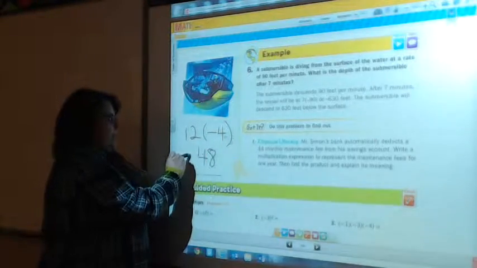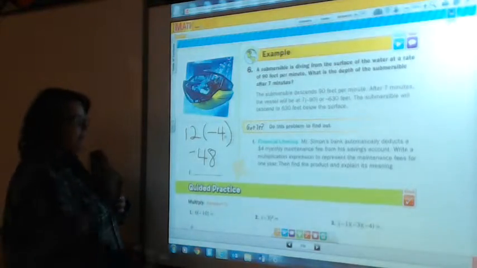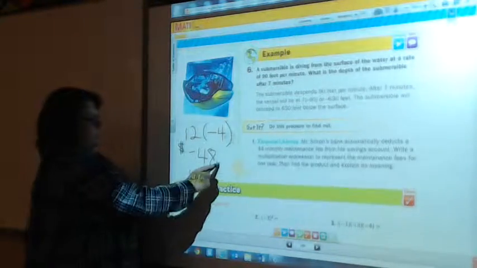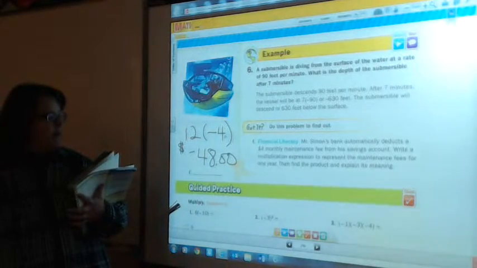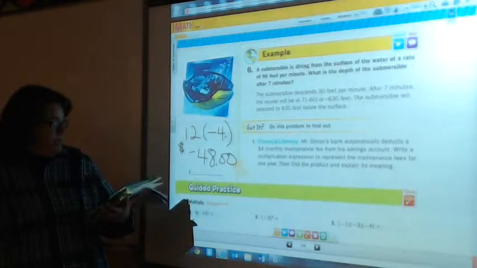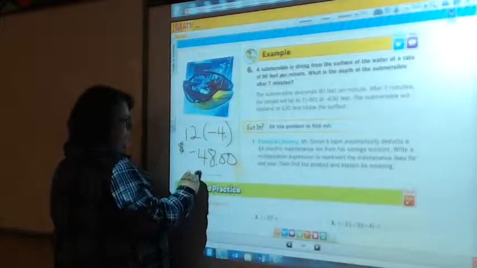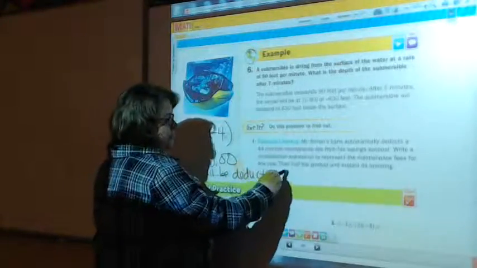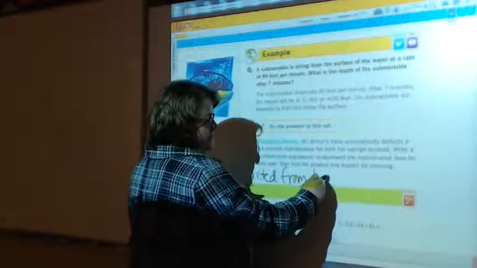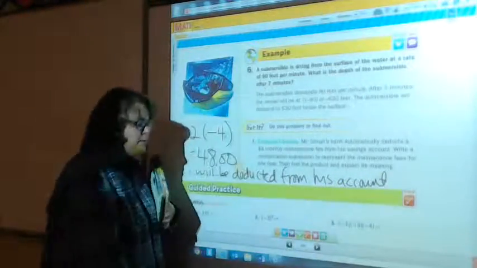Because it's negative times a positive, the answer would be a -48. And what would our label be? It would be dollars. A -$48. Okay. And then what's its meaning? They will deduct -$48. I would write will be deducted from his account. That would be a good way to explain it.